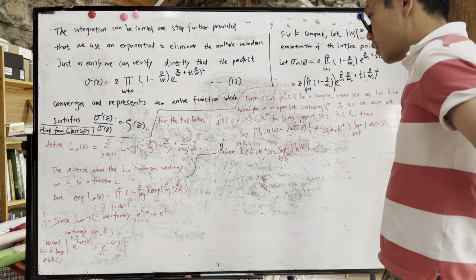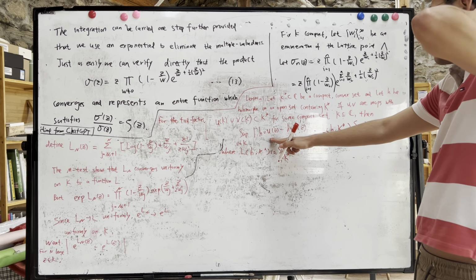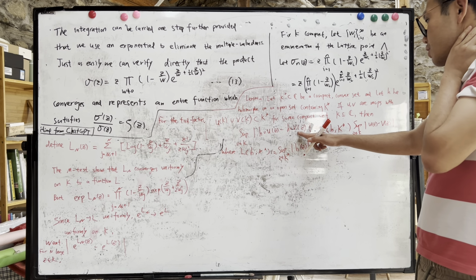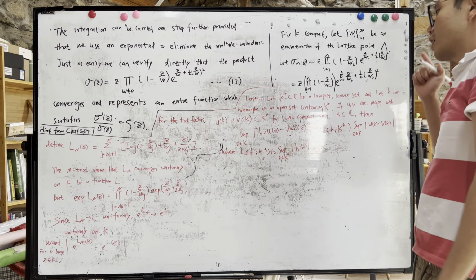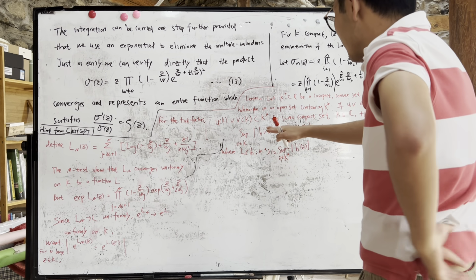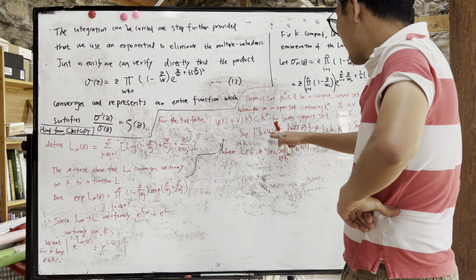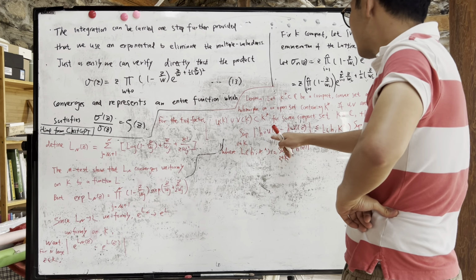For this one, the proof actually involves just a line integral, right? So for any z, both U z and V z are contained in the set K star.